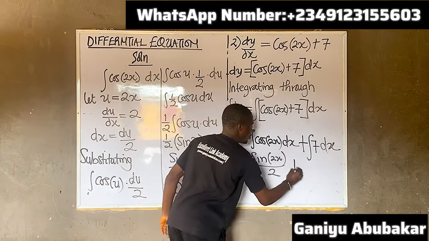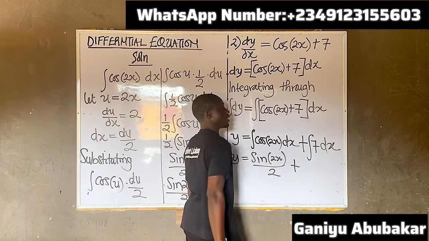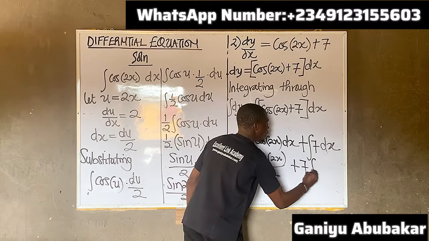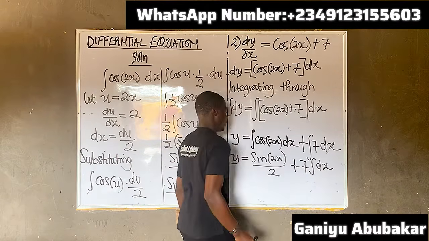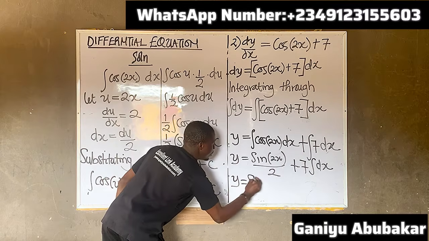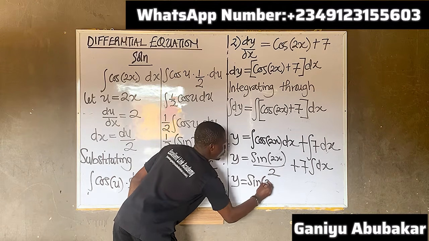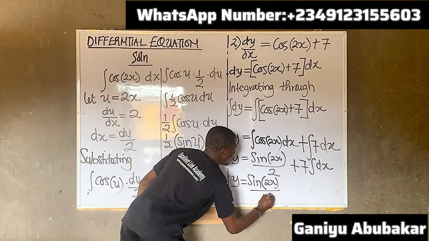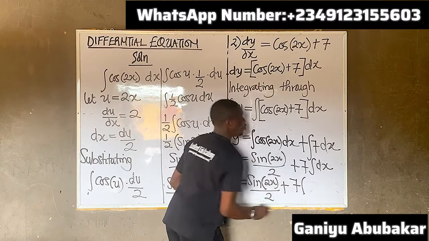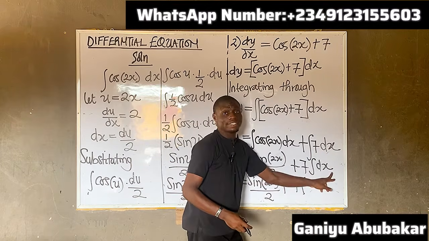Next up, plus, if I integrate 7 dx, we said 7 should come outside. So I have 7 integral of dx. From here, y is equal to sine 2x over 2 plus 7 into, if I integrate dx, I'll have x.